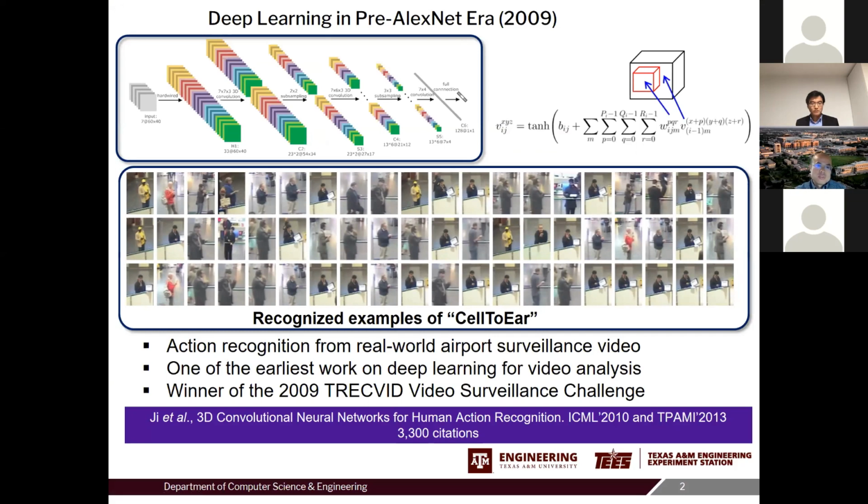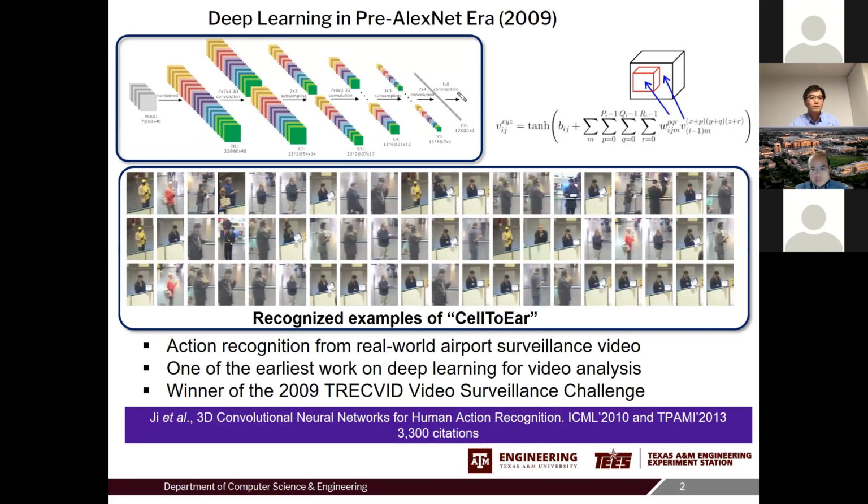I worked with Wei Xu and Kai Yu on using deep learning for human action recognition. This is a problem where we take videos as input and try to predict the actions from these videos. And this has been used in real-world airport surveillance systems.